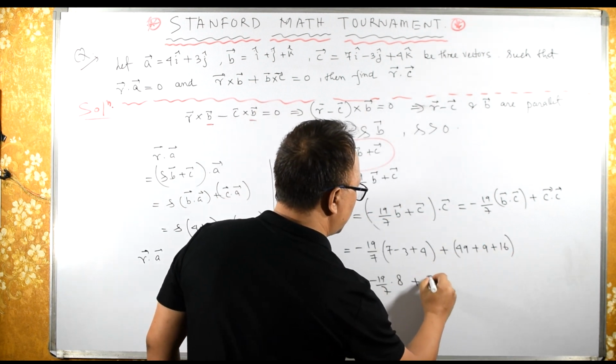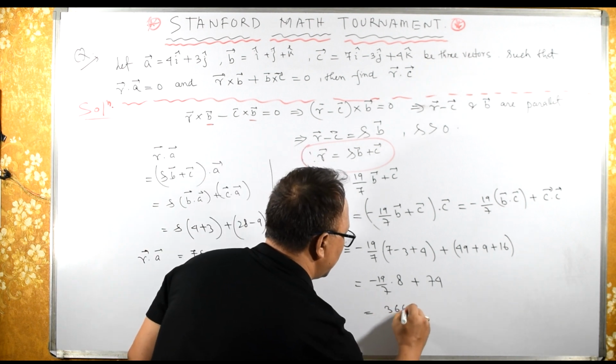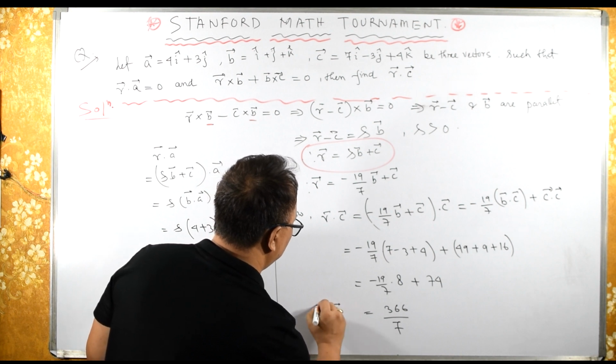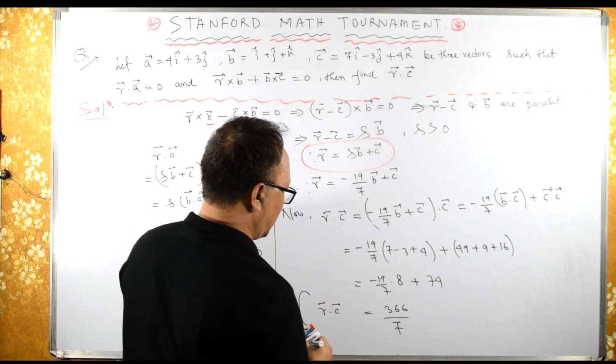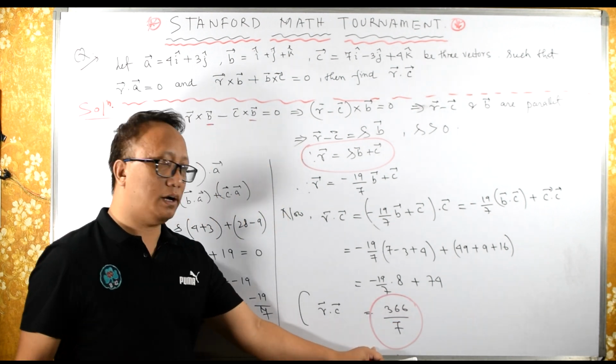So this is 74. This equals 366 upon 7. This is r dot C. This is the value for r dot C.